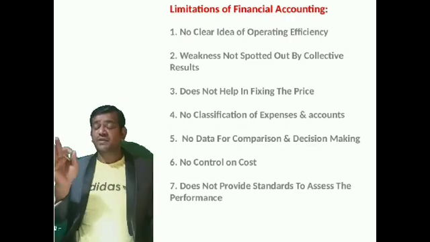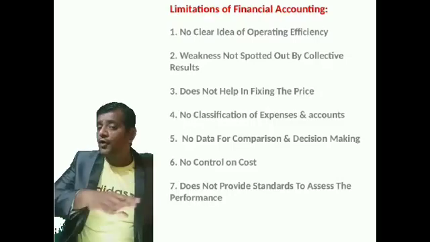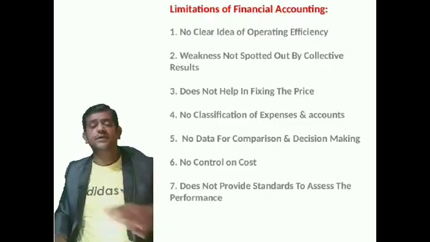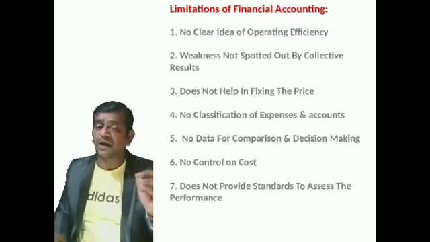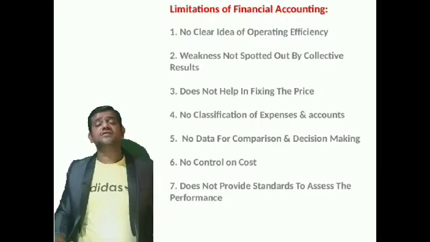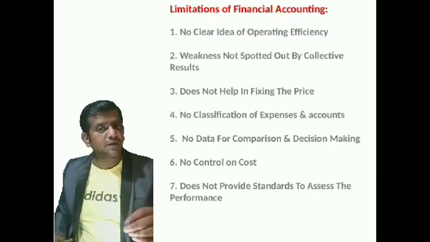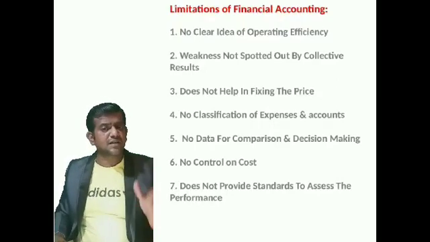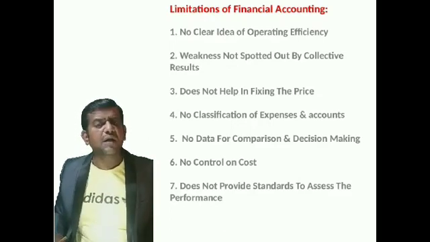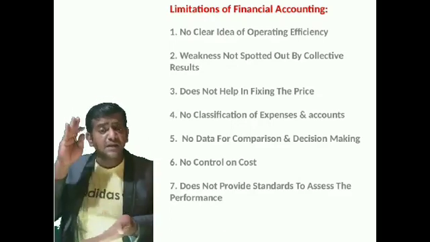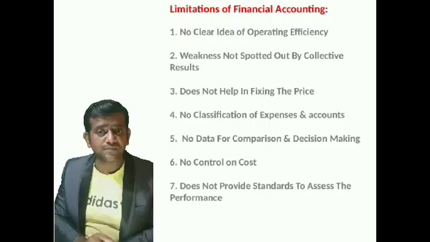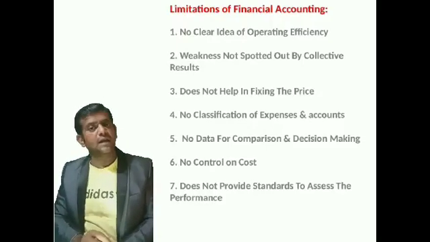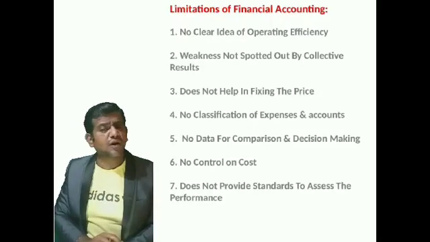We might not get to know which are direct expenses and which are indirect expenses, which can be controllable and which cannot. There are expenditures which we can control to minimize the cost of production, and there are expenditures which we cannot control.